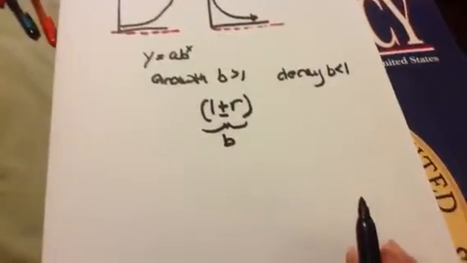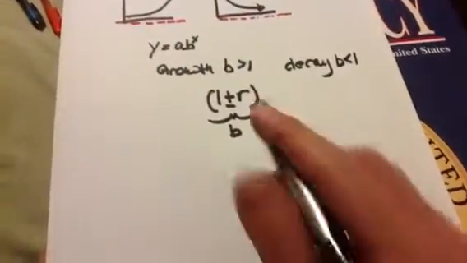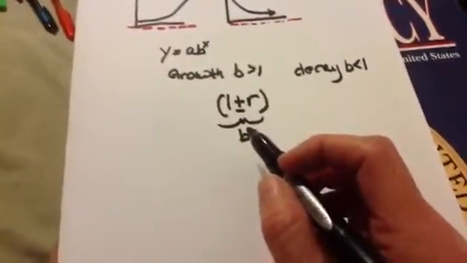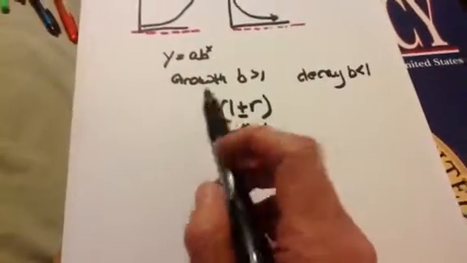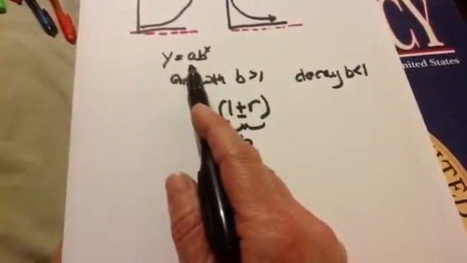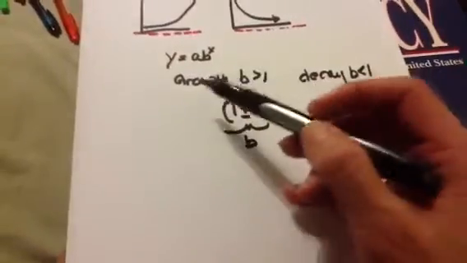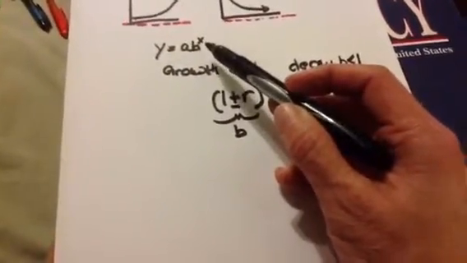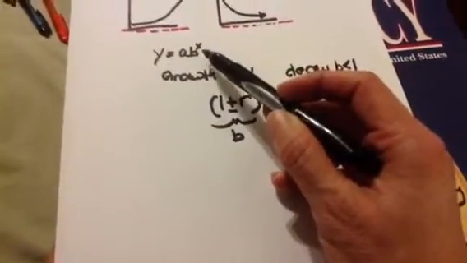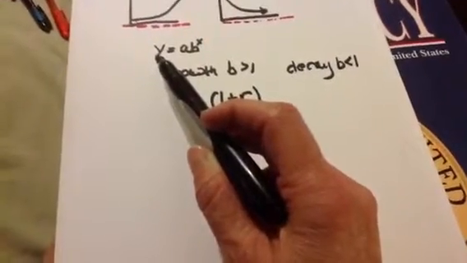Okay, so we also kind of look at it as like the slope, so to speak, and a is always your beginning number. Notice your input value x is the exponent, and your output value is still y.